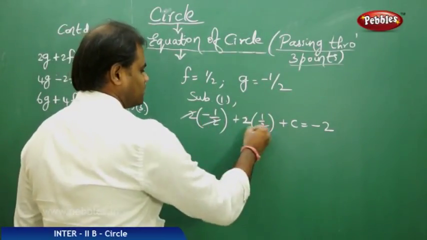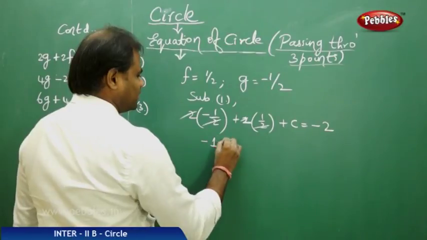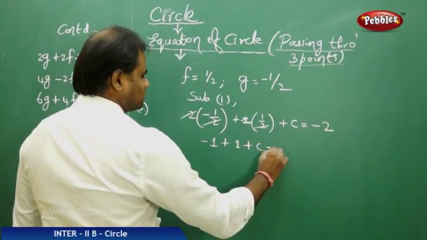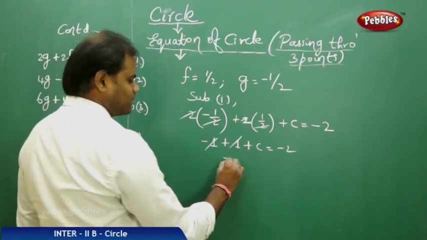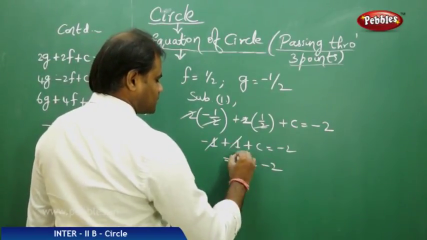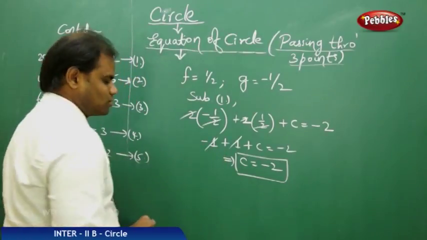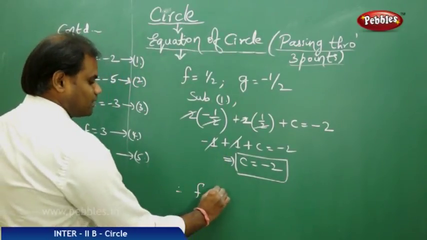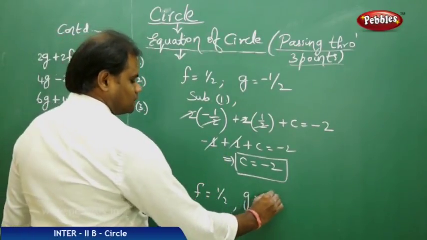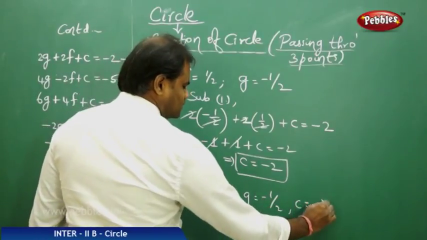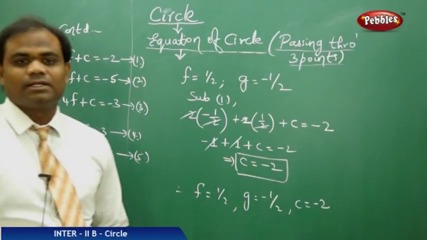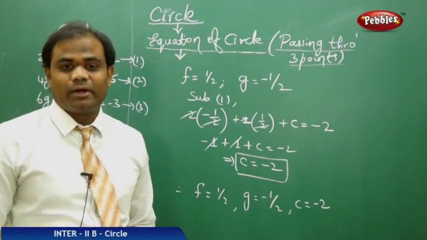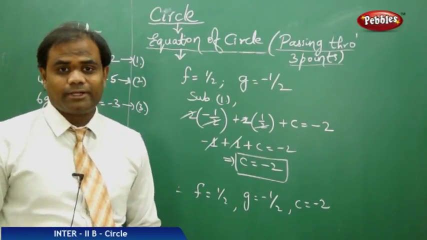This on further simplification gives minus 1 plus 1 plus c equals minus 2, which on simplification gives c equals minus 2. Therefore, f is half, g is minus half, and c is minus 2, through which I am going to find the equation of the required circle passing through the 3 points A, B, and C.